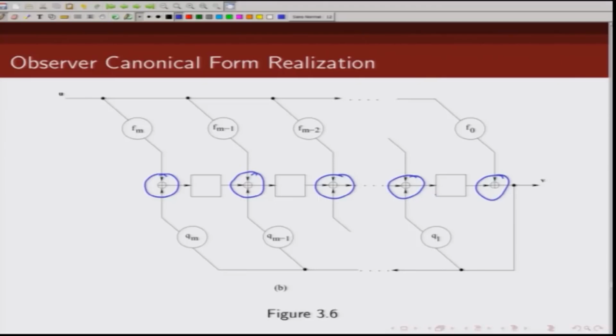Here it is just opposite. So you can see this is the f0 term, f1 term, f2 term, and similarly in the denominator you can see this is q1, this is q2, like that this will be qm. The same generator matrix can be realized using two different forms.